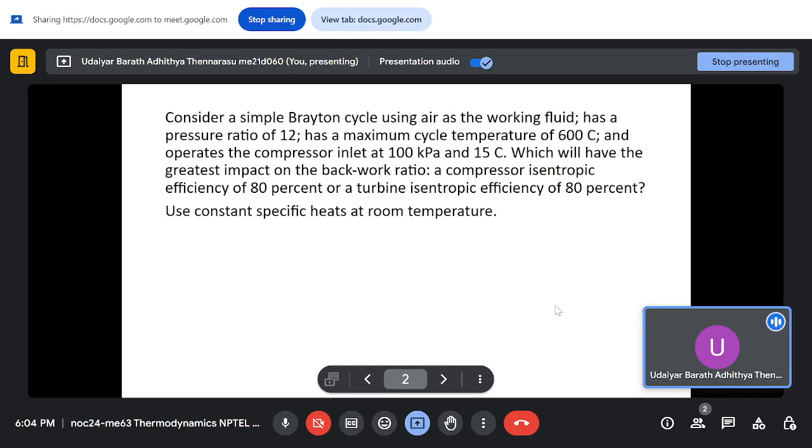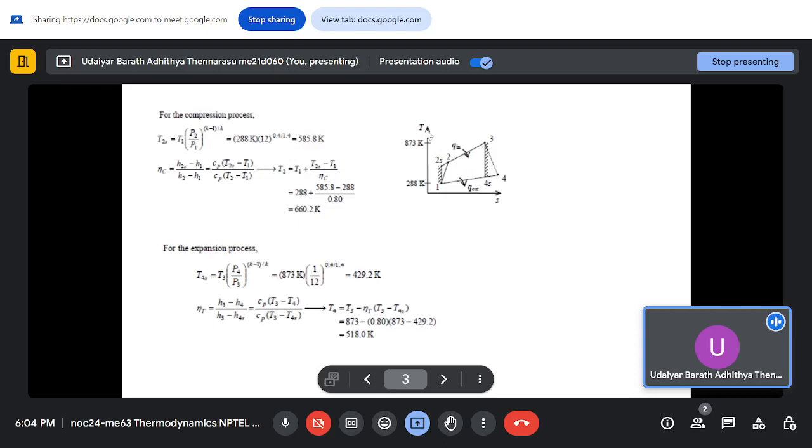Starting with, I'll give you a brief idea of what a Brayton cycle is. In the TS diagram, I have plotted a Brayton cycle here. You have two isentropic processes and two isobaric processes.